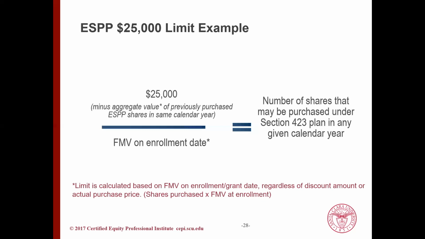The $25,000 limitation is calculated by dividing 25,000 by the fair market value on the enrollment date, and that equals the number of shares that may be purchased under a Section 423 plan in any given year. And similar to the ISO $100,000 limitation, it's important to remember that for ESPP, the 25,000 must be divided by the fair market value on the enrollment date and not any other date.